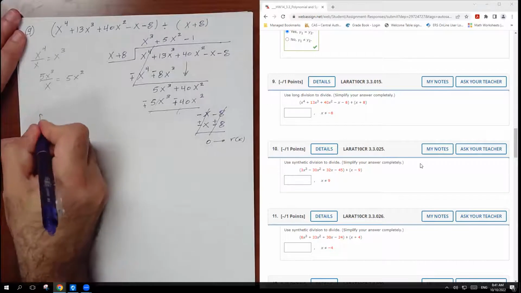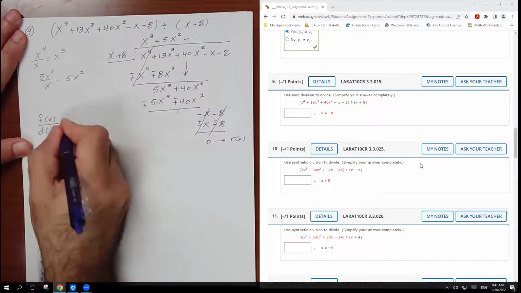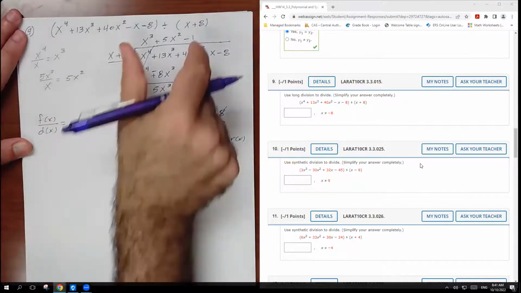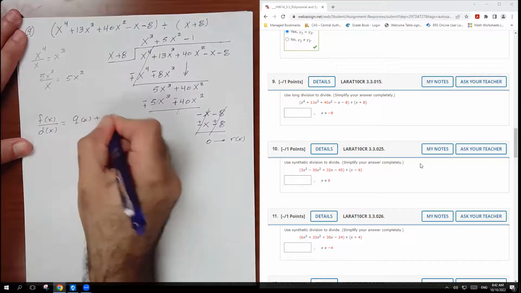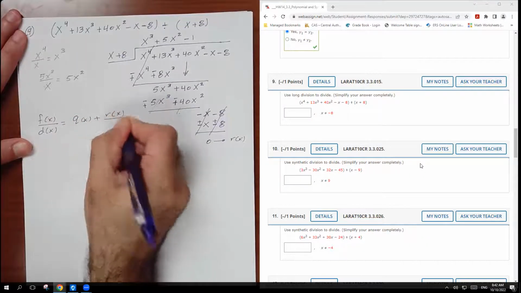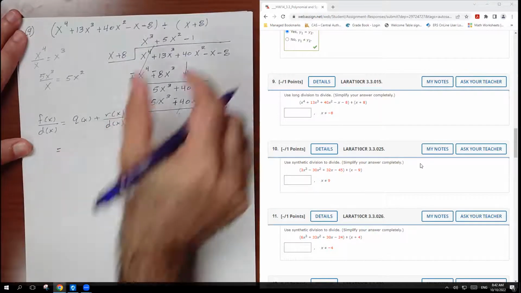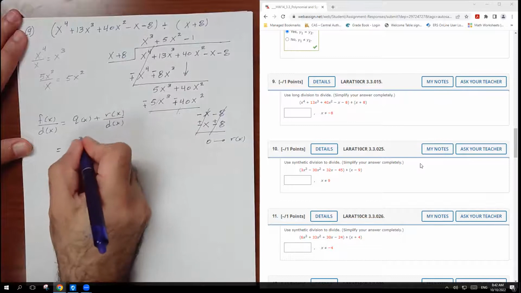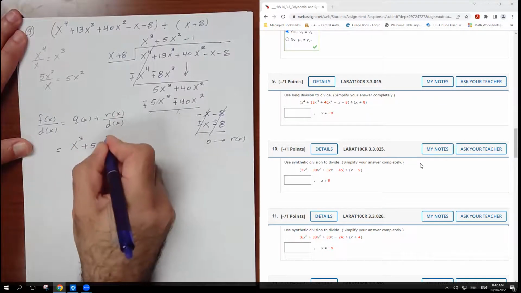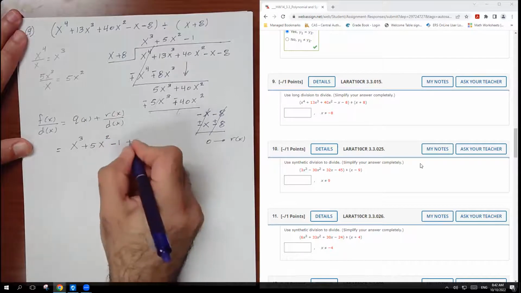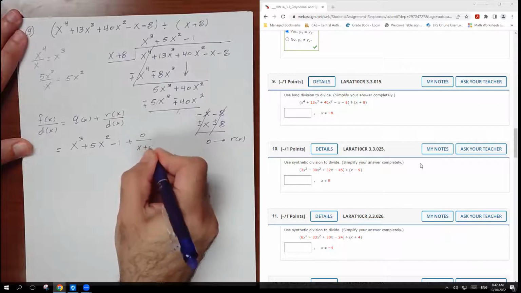So the division of f of x divided by d of x is going to be the quotient Q of x plus the remainder over the divisor. That means the quotient is x cubed plus 5x squared minus 1, plus 0, the remainder, over the divisor x plus 8.